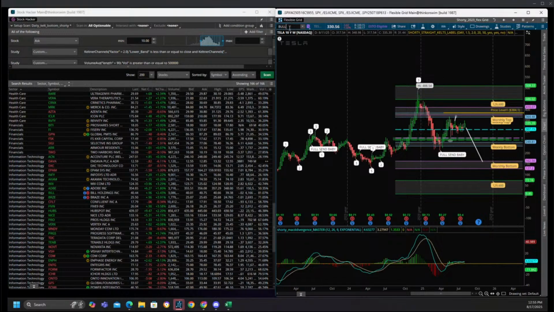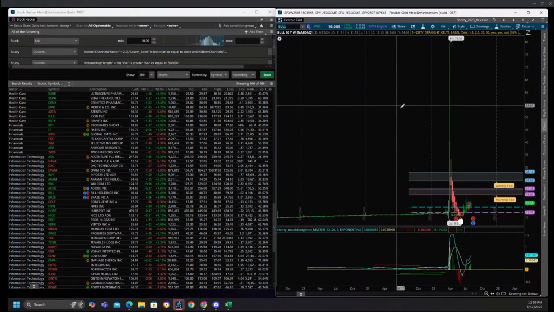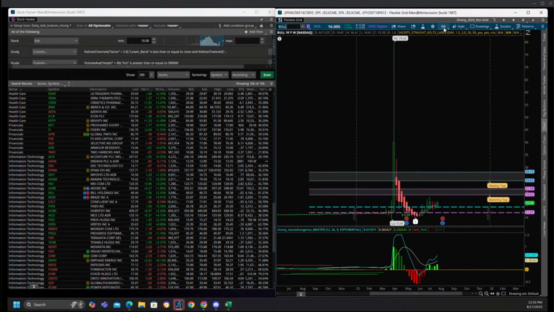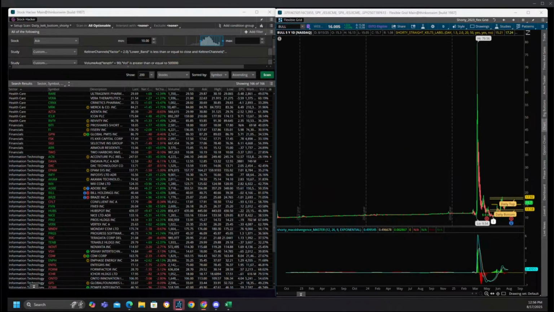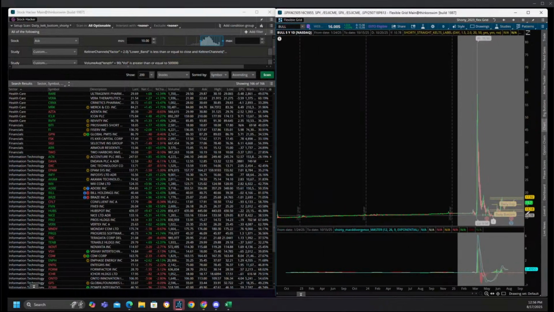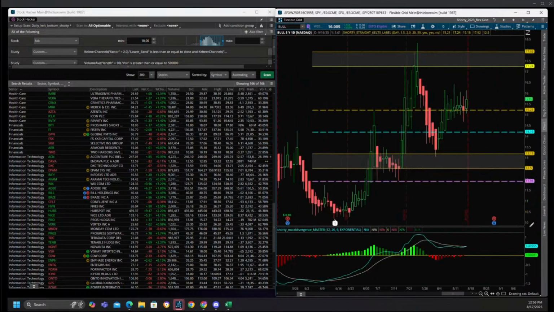Tesla bull. A bull stock. Let's see what a bull stock does. Why is it taking so long to load? This is a fairly new stock, or it seems like it.